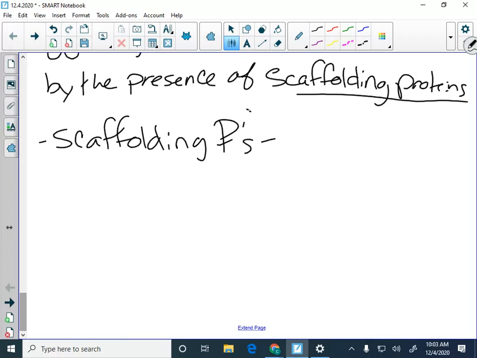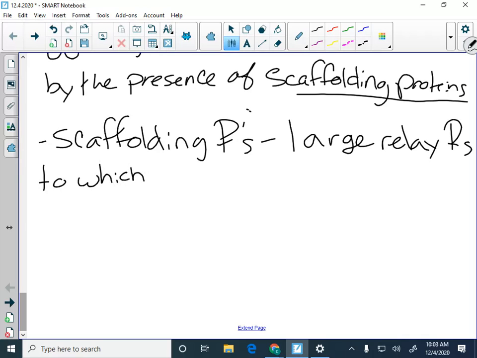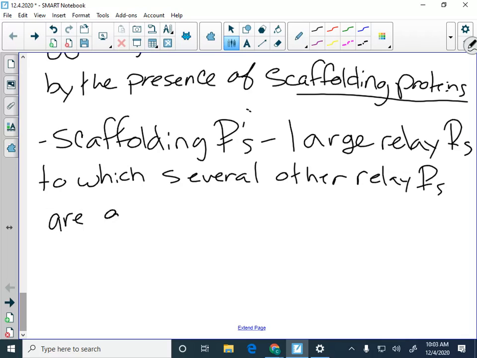Scaffolding proteins are large relay proteins to which several other relay proteins are simultaneously attached.